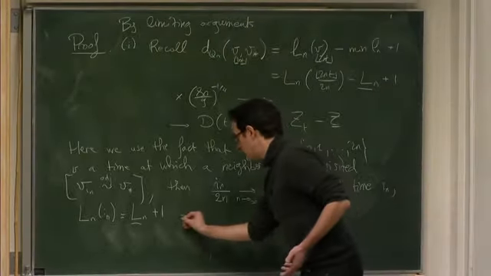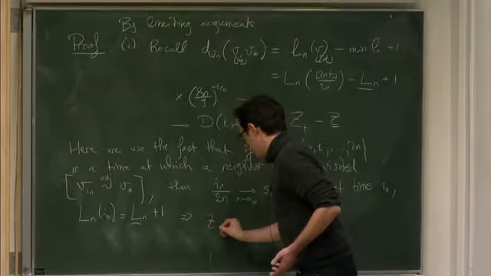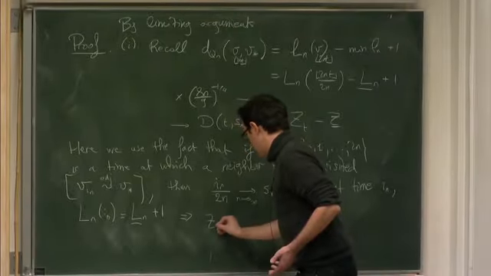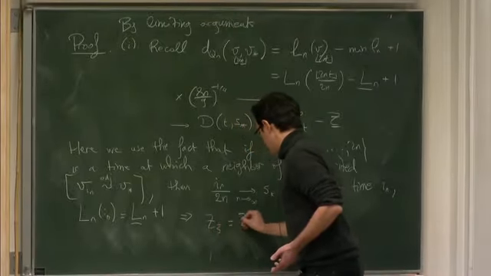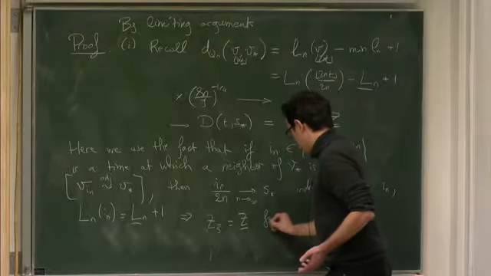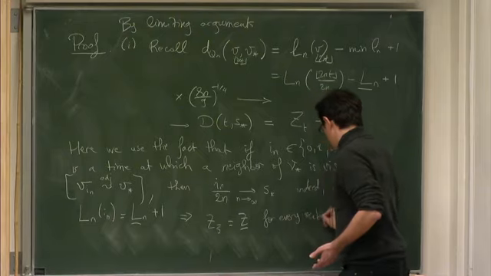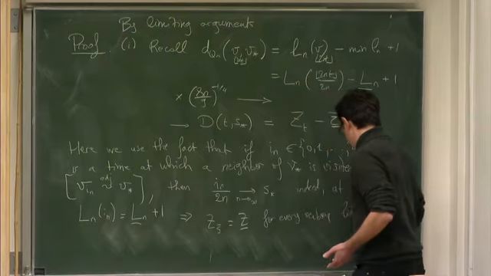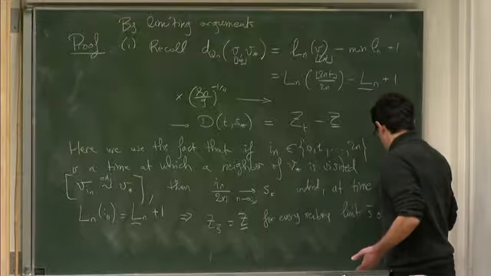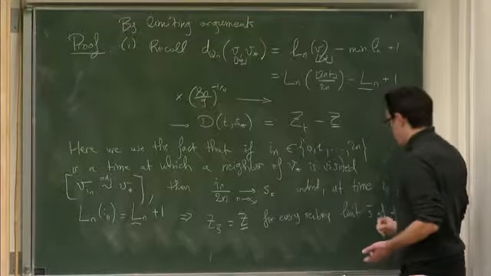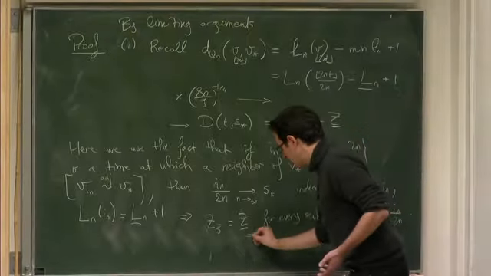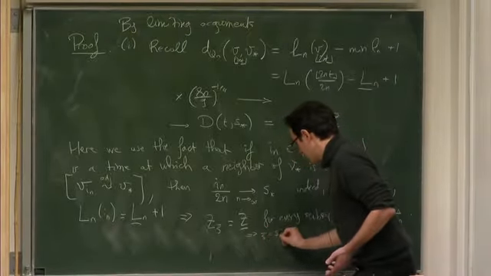So this implies that z of, let's say, S bar is equal to z bar for every subsequential limit of In over 2n. And therefore, by uniqueness, S bar is equal to S star.